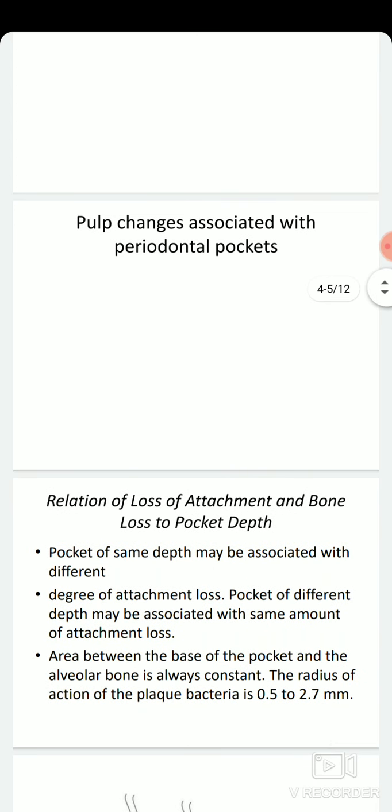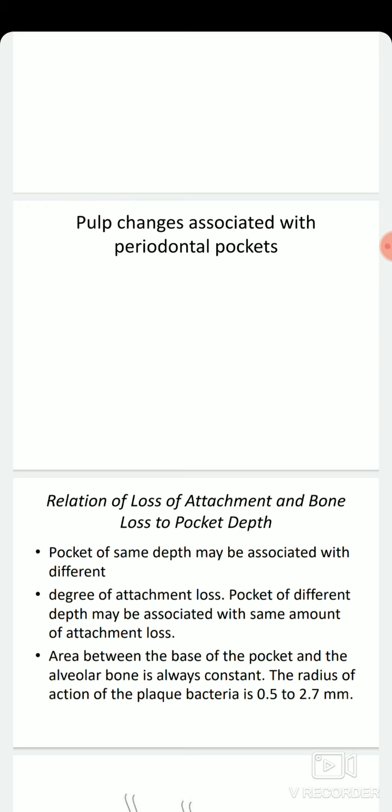And one more important aspect is pulpal changes in periodontal pockets. Pulpal changes associated with periodontal pockets cause spread of infection from pockets and may cause pathological changes in the pulp. Such changes may give rise to painful symptoms and sometimes sensitivity also.